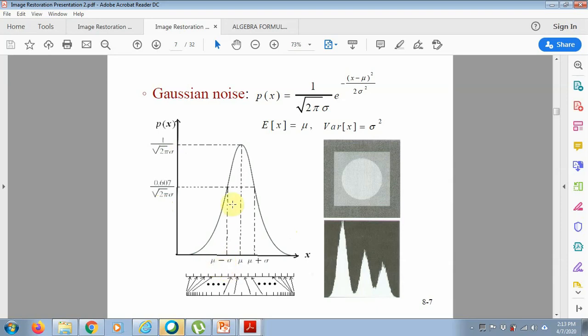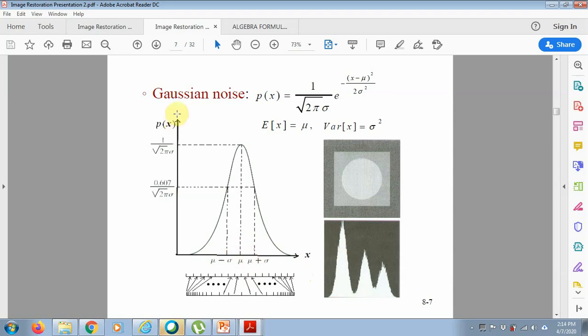So you have the level mu minus sigma. When you hit the topmost value of your Gaussian noise, you will be at mu, and the equivalent distances from your center point will be mu minus sigma and mu plus sigma.